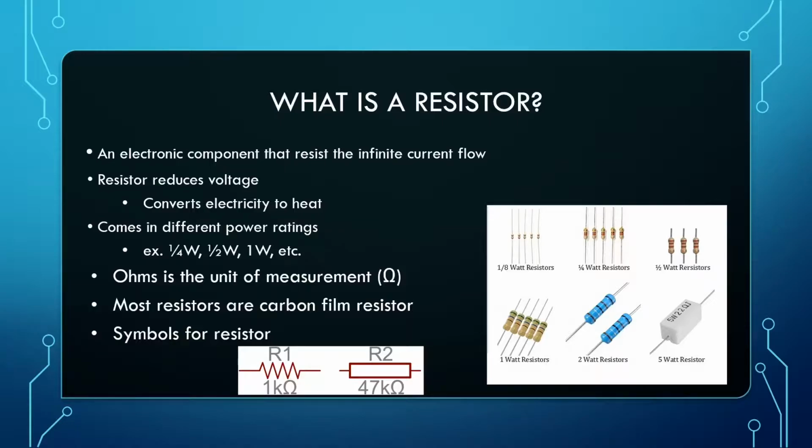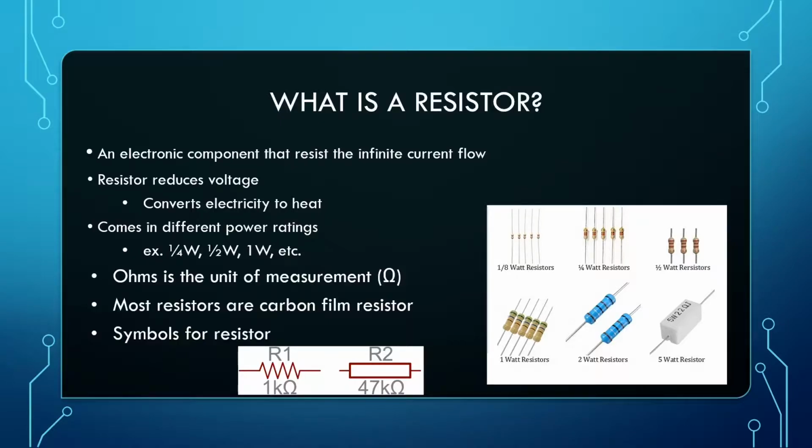If it goes above 1/4 watt, your resistor is going to burn out. It doesn't matter what the voltage or current is, as long as the power is equal to or below the power rating.